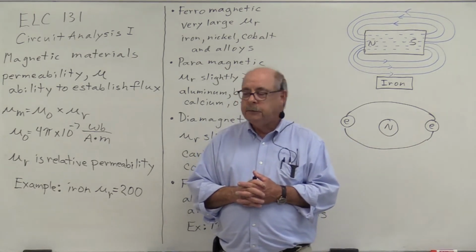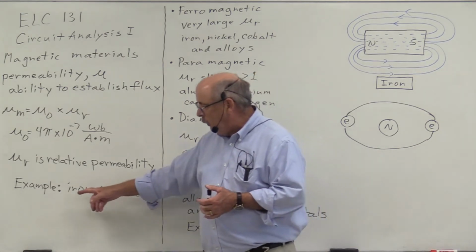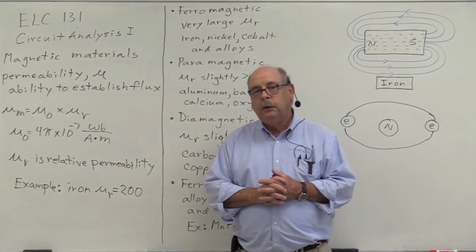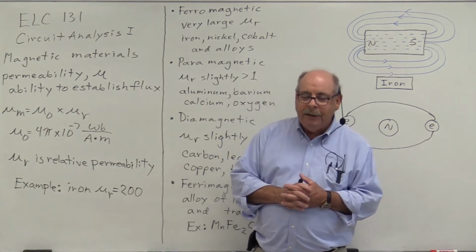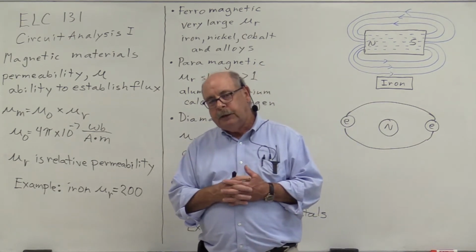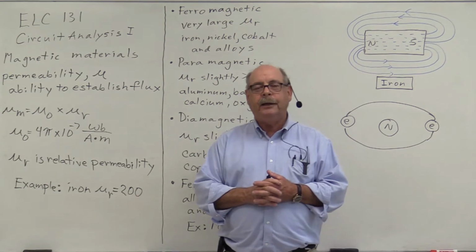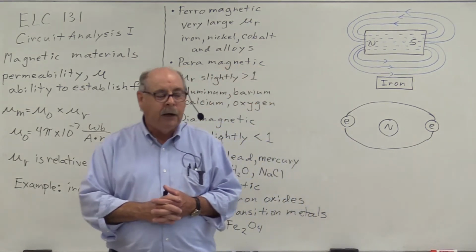free space. Now, for example, the relative permeability of iron is 200. So what this tells you is that it's 200 times easier to establish flux in a piece of iron than it is in the free space that exists beside the iron.